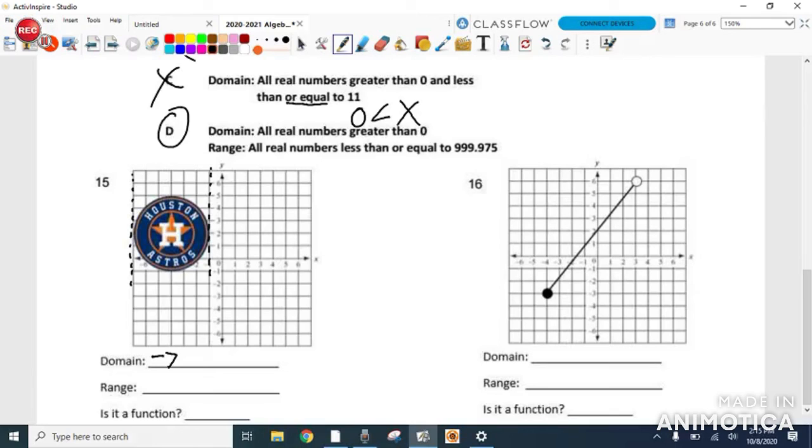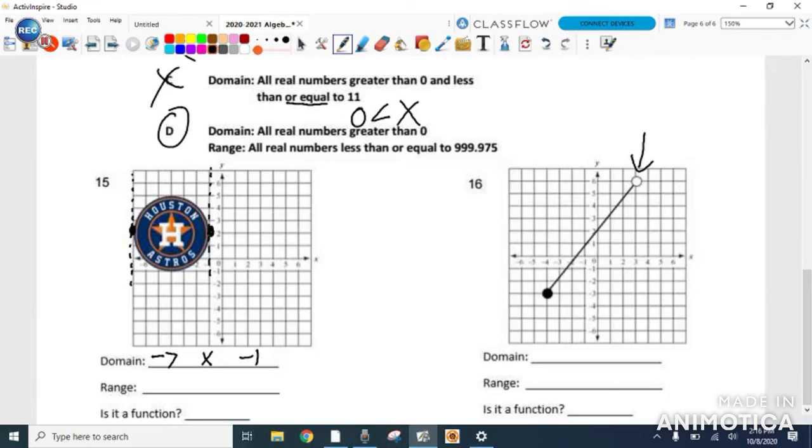Okay, and I'll put my x in between. Now, if you don't actively see an open point like you do over here on number 16, that means we are going to automatically assume that we will have a closed point at the domain and the range, starting and stopping points.